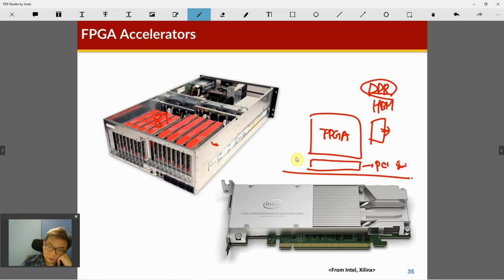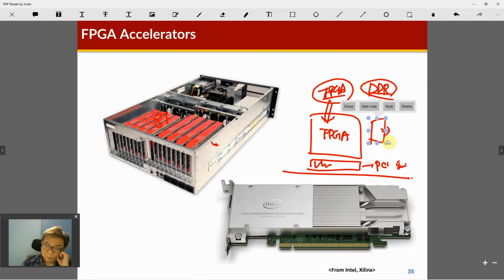Like some other domain-specific architecture processors, similar hardware is implemented on this FPGA board, and the data is fetched to the memory of this accelerator board, and then the FPGA will fetch the data and perform some basic computation for the neural network, or other application domains.